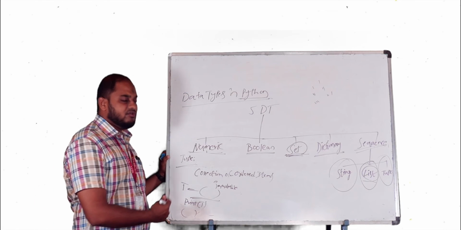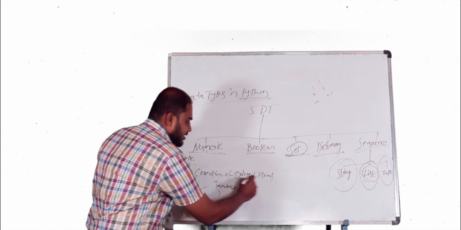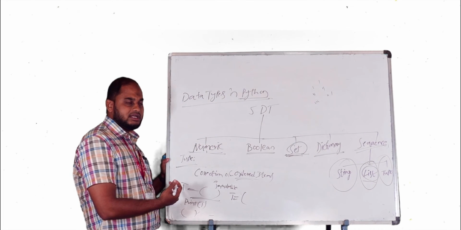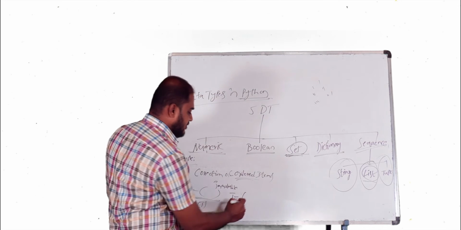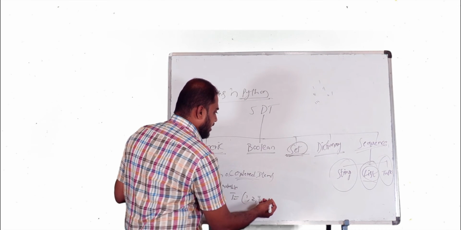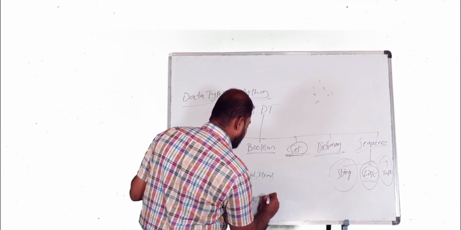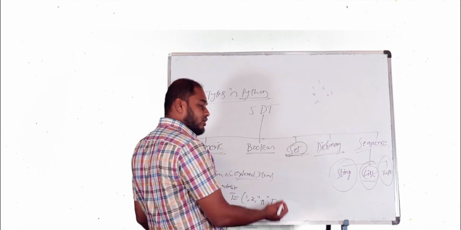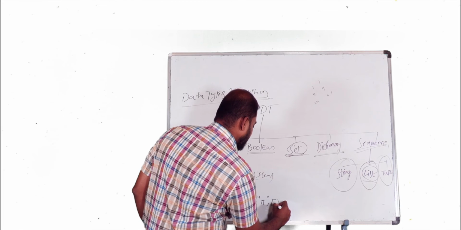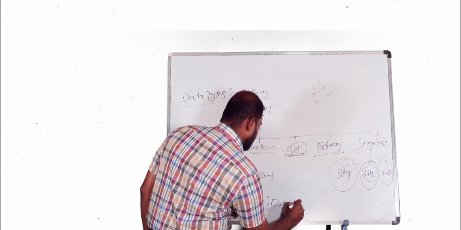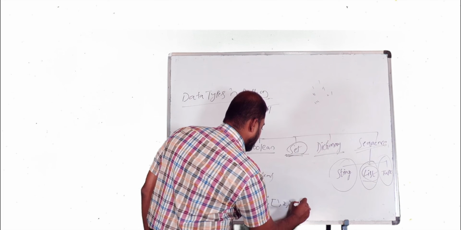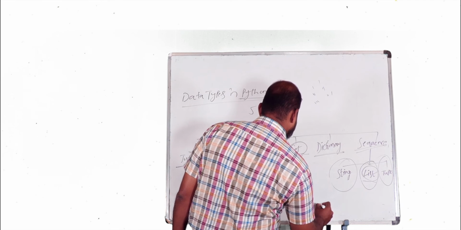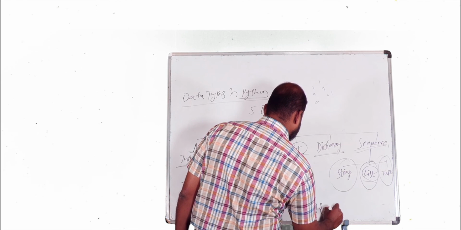If you want to create a tuple with ordered items, again I will take t equals to, the same way we created a list, using multiple data types: 1 comma 2 comma, then a string a, and then a list, 1 comma 2 comma, a b, then 1.5, closing the list, and then a set, 1 comma 2 comma 3.